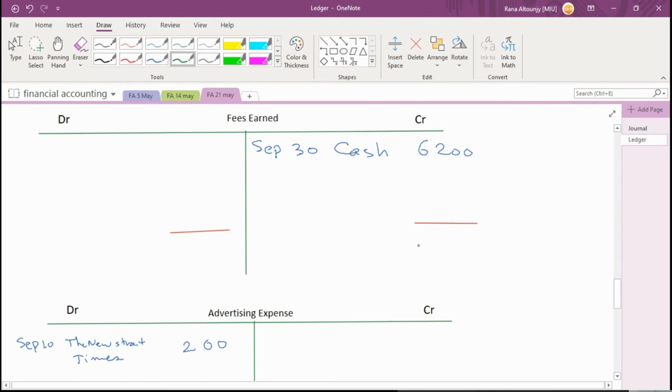Okay. So here the total is 6,200. We need to make this side the same by adding the balance, which is a credit balance.